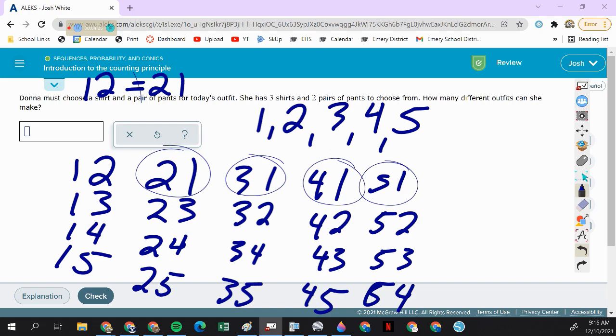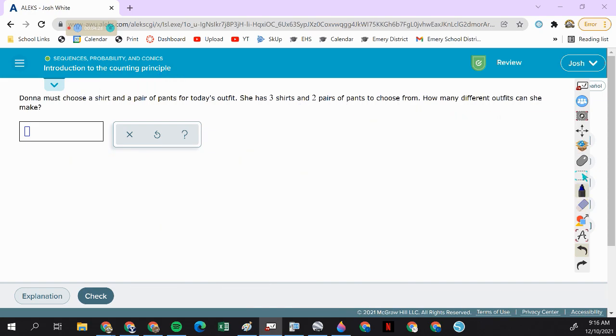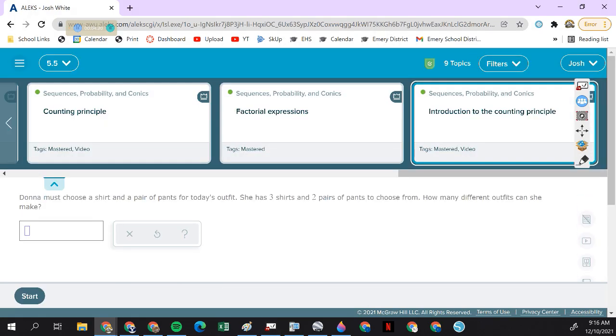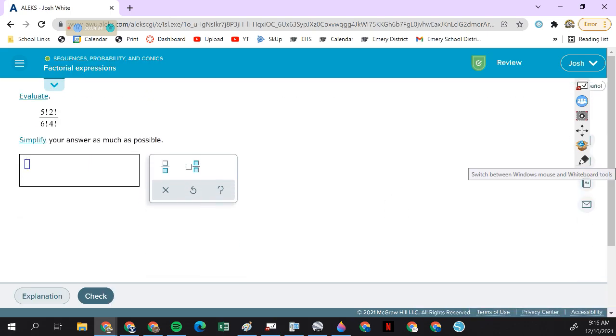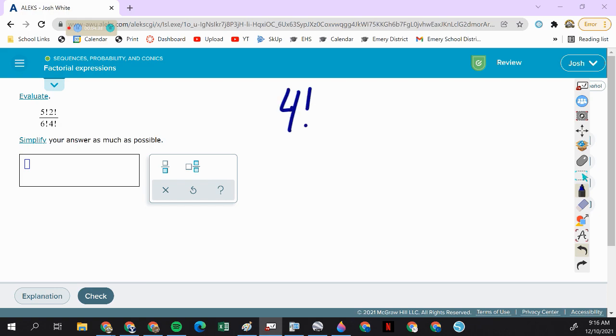All right, so let's go on to the next question. Factorials. What does 4 factorial mean? It means 4 times every natural number smaller than it. So this would be 4 times 3 times 2 times 1. Okay.